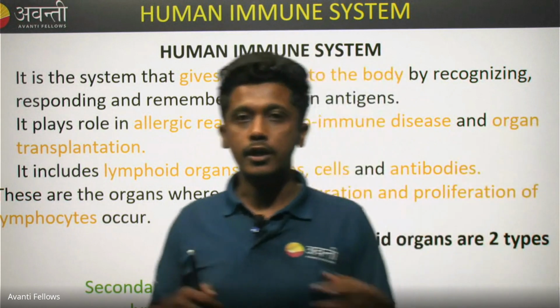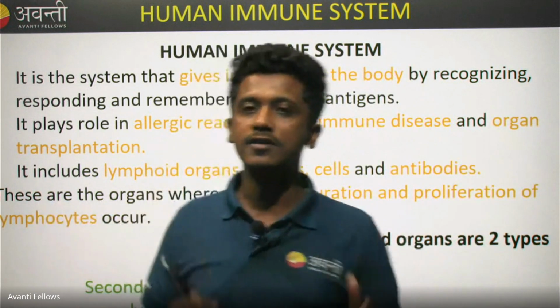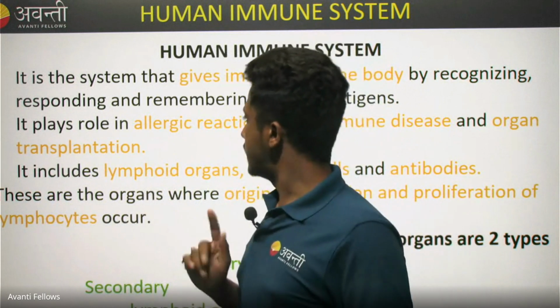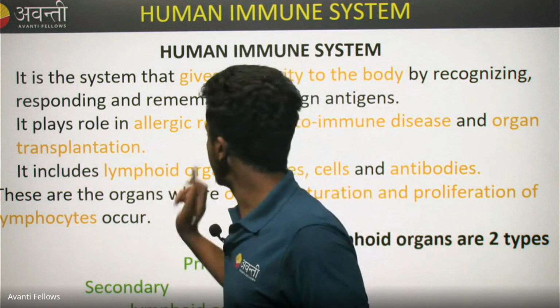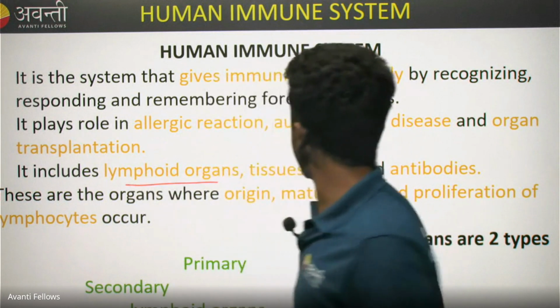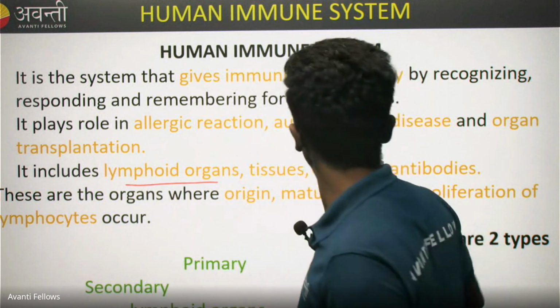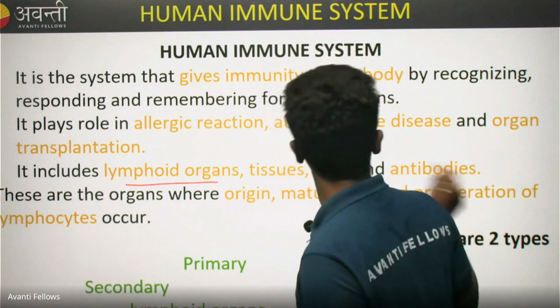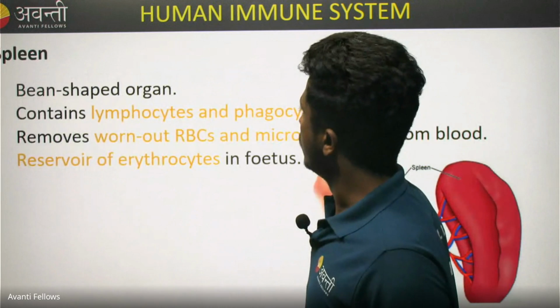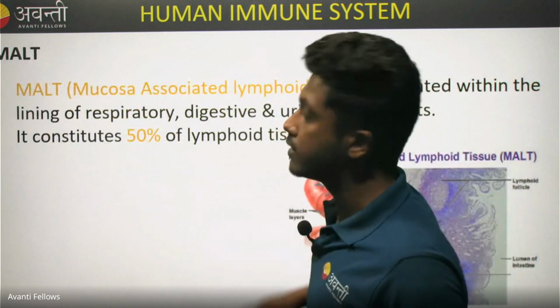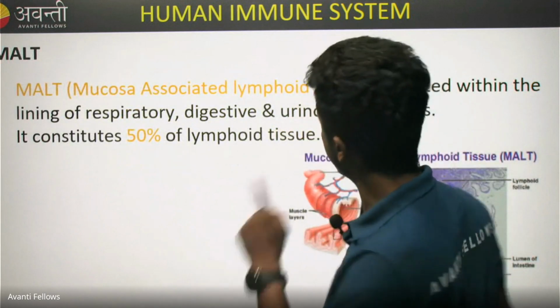In our body, they integrate together to give you this defense mechanism. In that topic, we specifically discussed lymphoid organs, primary and secondary lymphoid organs, and tissues and cells and antibodies. We're going to talk about it in the coming session. We will discuss the same thing again by the end of the chapter, and we will revise this.